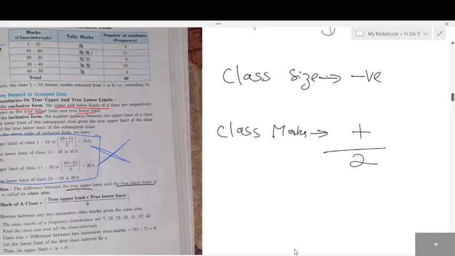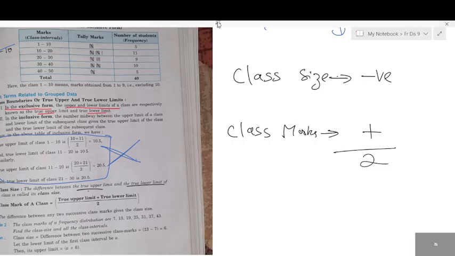Now tell me, how will you remember this, students? Tell me, how will you relate and remember? If not, you'll definitely forget. Class size and class marks. Which word is different here? Class and class is same. The words are size and mark. For size, you have to subtract. For marks, you have to add and divide by 2.